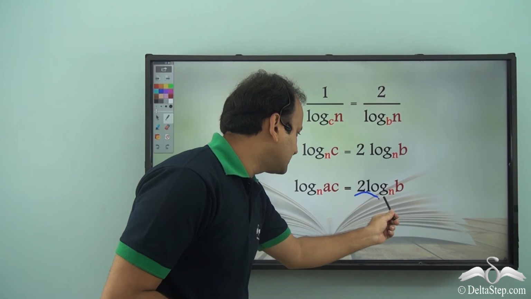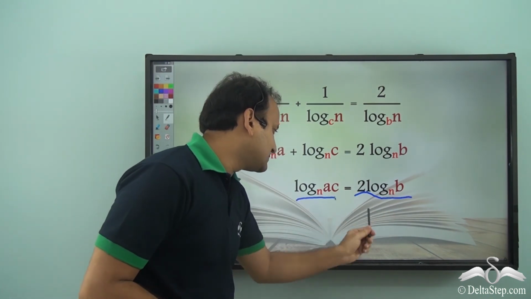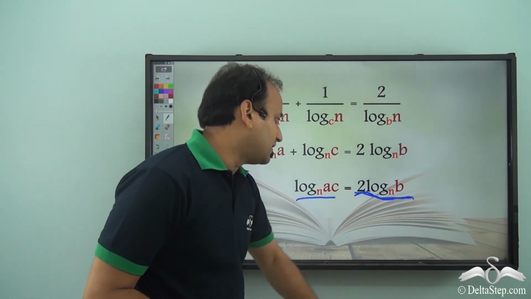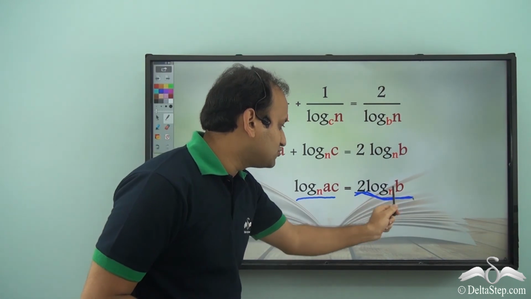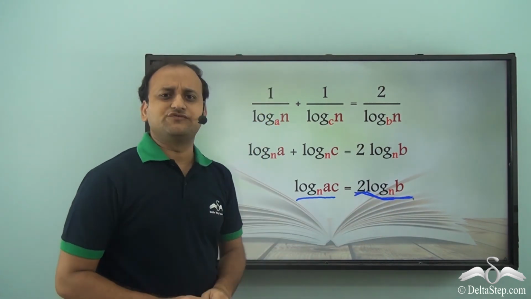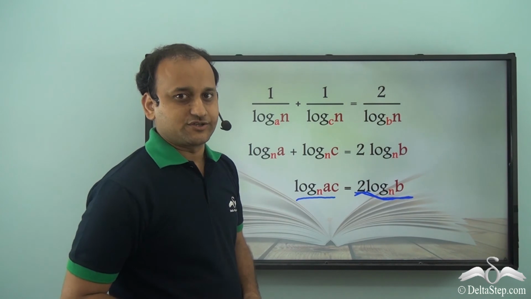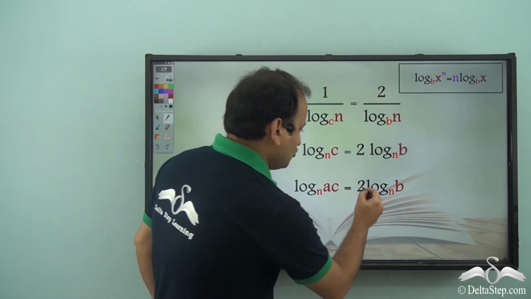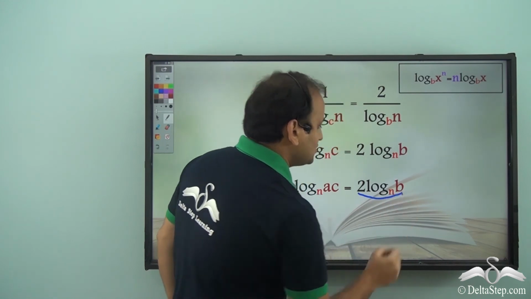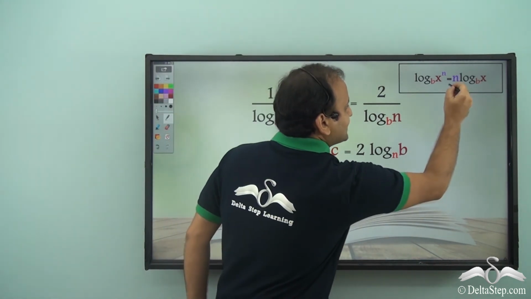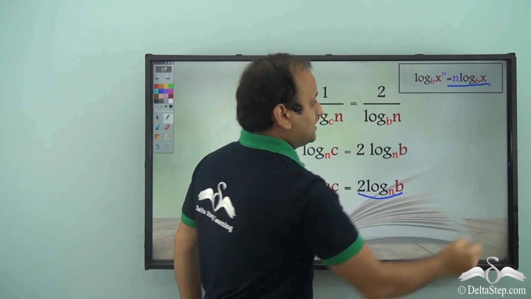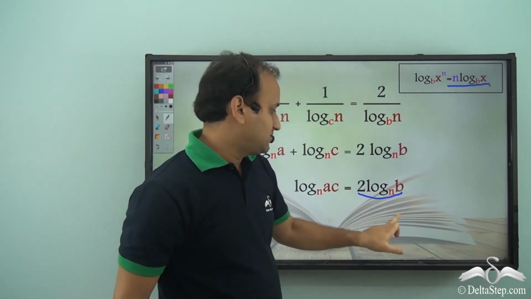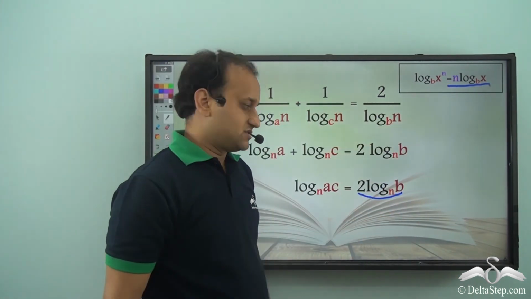This particular part, as we have already simplified this, let's concentrate on this particular part. We have 2 log b to the base n. I think this looks very similar to the power law expression. Let's see how it is. So 2 log b to the base n and n log x to the base b. Do they look very similar? Actually, they are very similar expressions.